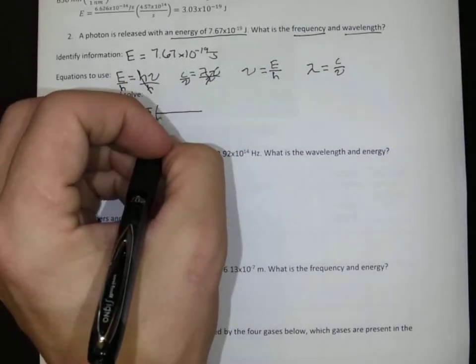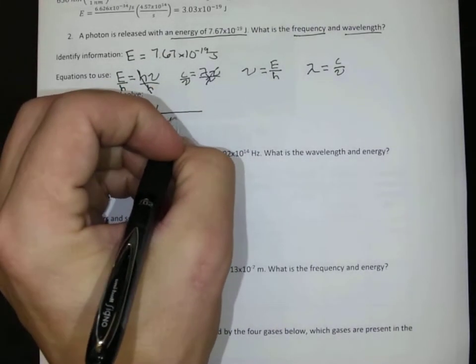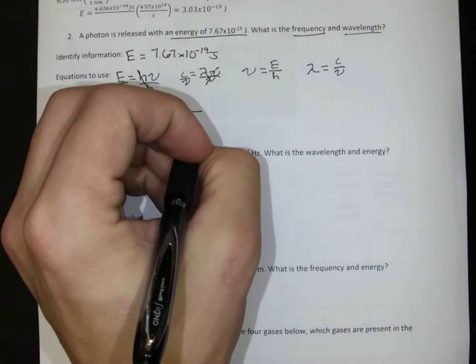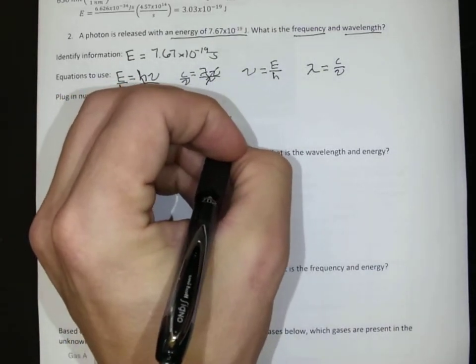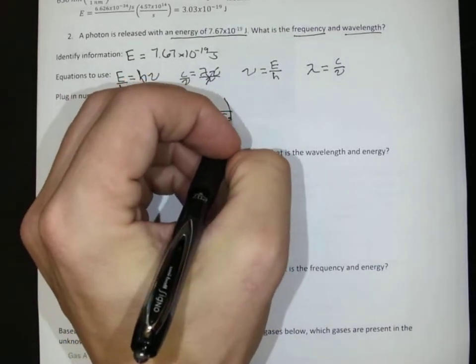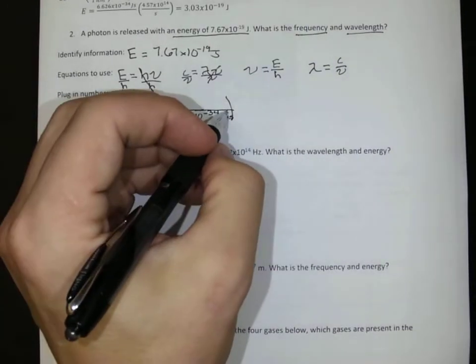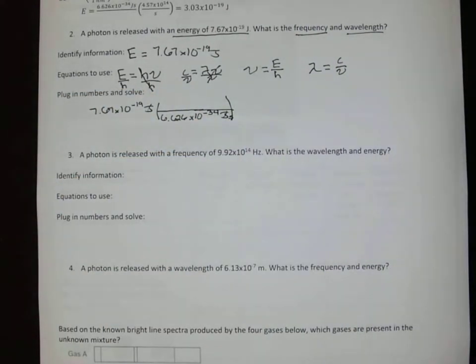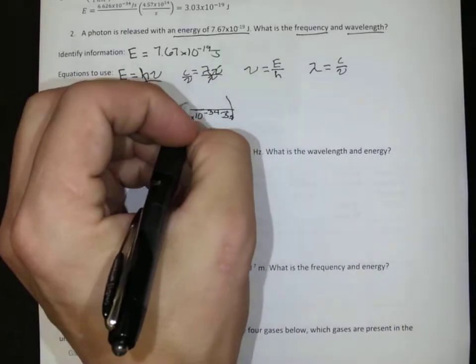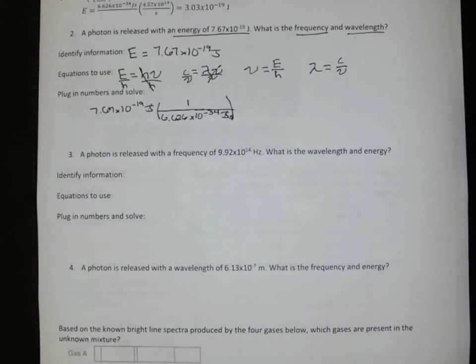So h is going to go on the bottom, 6.626 times 10 to the minus 34th joules times seconds. That goes on the bottom. My joules are going to cancel, so I'm going to end up with per second. And then I just need to plug this calculation into my calculator. On the top here, I'm just going to put a 1. Don't actually need anything up there.